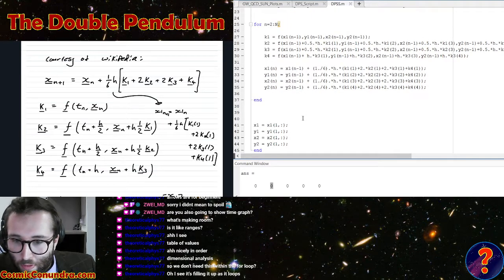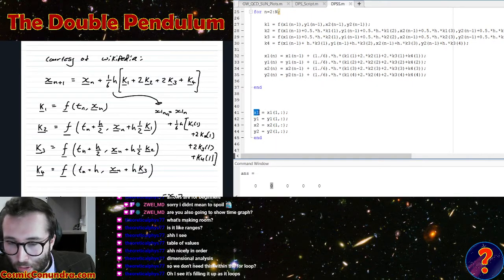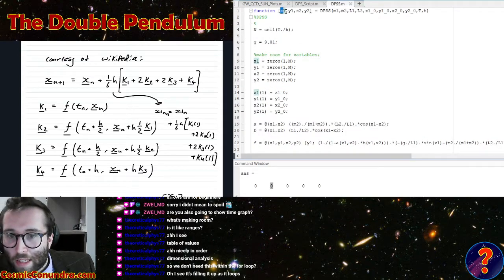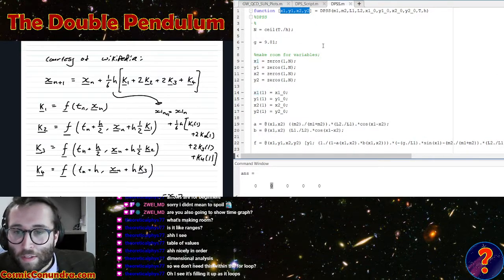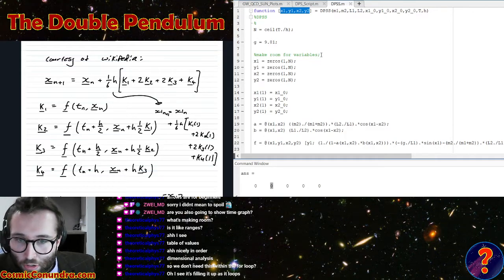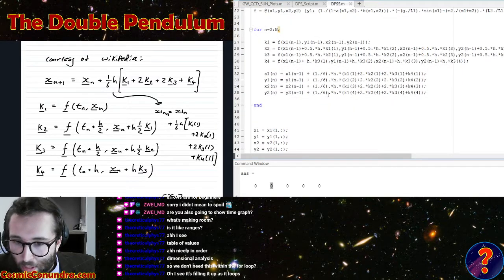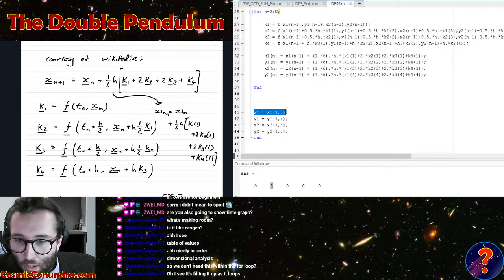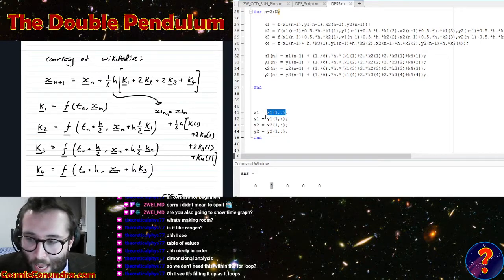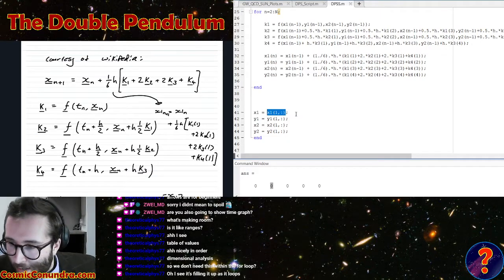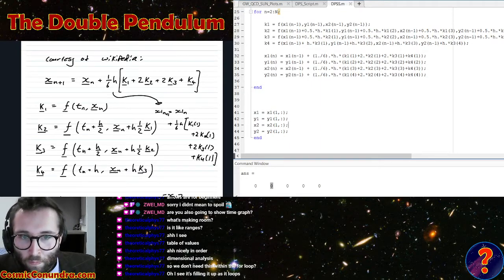It will fill up all of them, and then at the end we're saying the output variables that we defined in the first line of the function, x1, y1, x2, y2, are defined as this fully constructed n-element long vector for all the x1s, all the y1s, all the x2s, and all the y2s. Okay, so that should be okay.